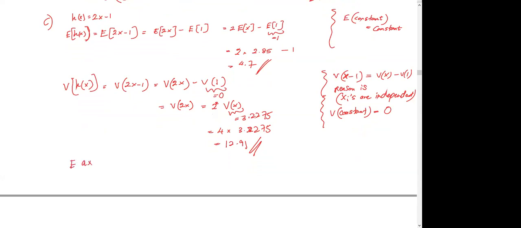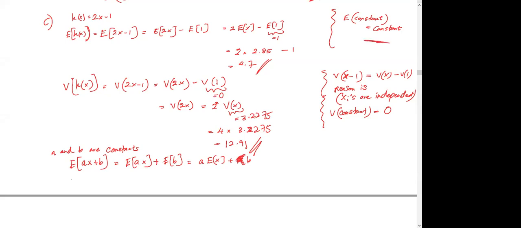If you have to find the expected value of ax plus b, where a and b are scalars or constants, this becomes expected value of ax plus expected value of b, which equals a times expected value of x plus b. Expected value of a constant equals that constant.